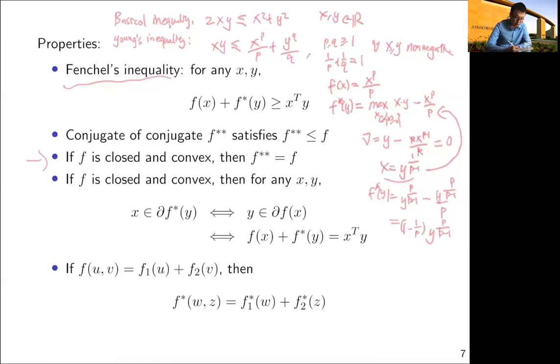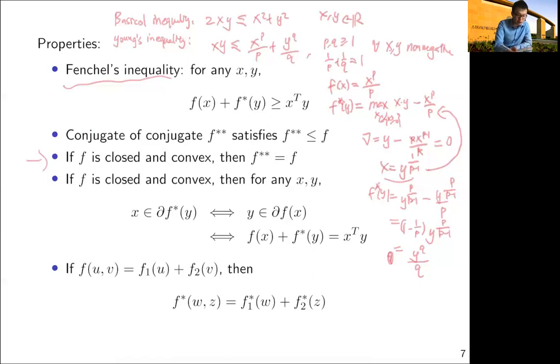So notice that when q is chosen to be the conjugate of p, this is the same as y to the power of q over q, as expected, and that gives us how to specialize the Fenchel inequality into Young's inequality. As a matter of fact, this Fenchel inequality is often also known as the Fenchel-Young inequality.